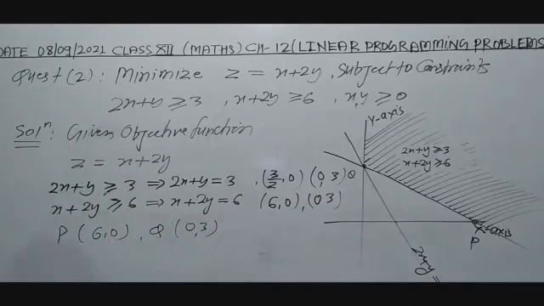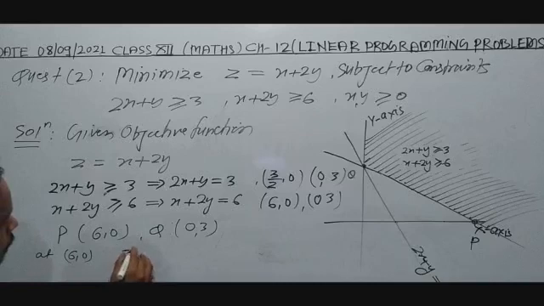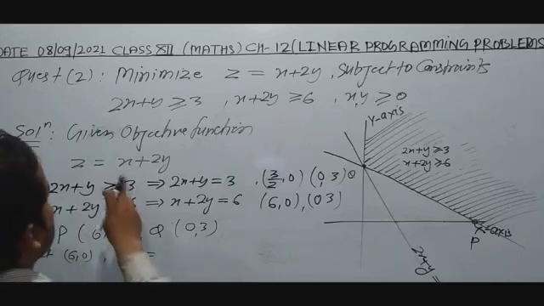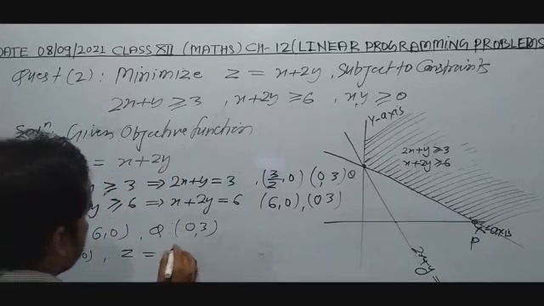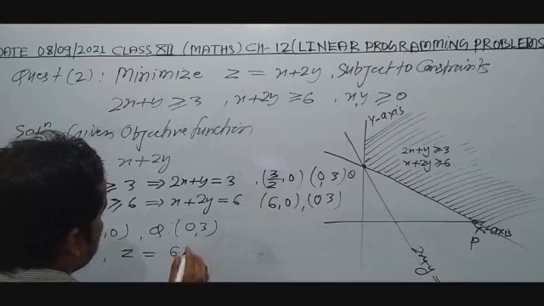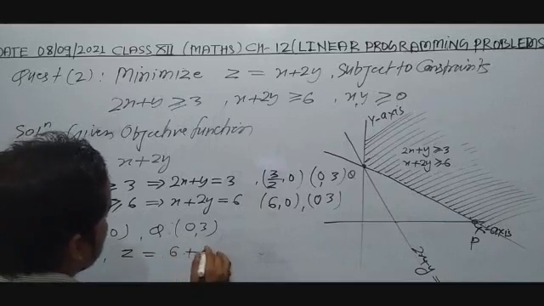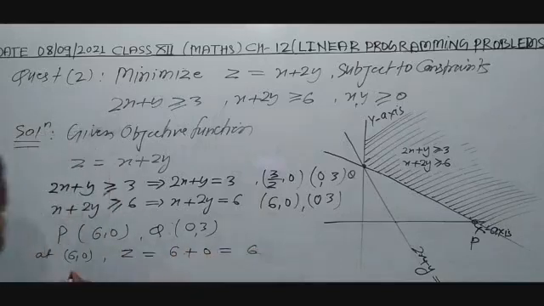And at 6, 0 the value of z will be, at the place of x you will put 6 and y 0. So 6 plus 0, you will get 6.